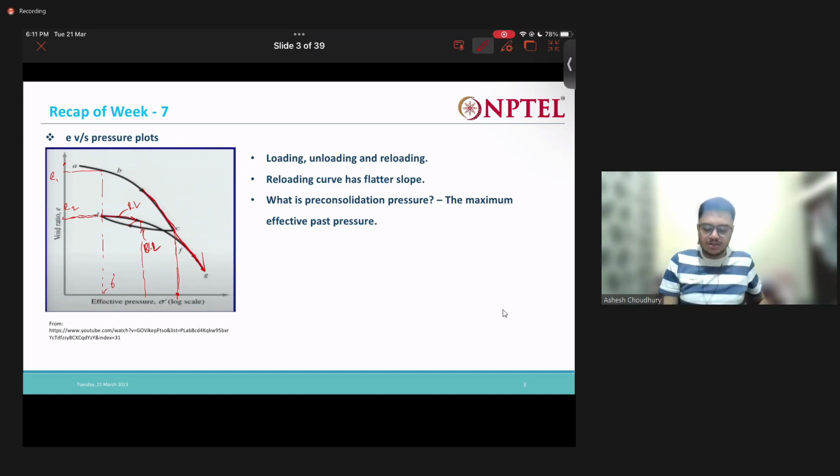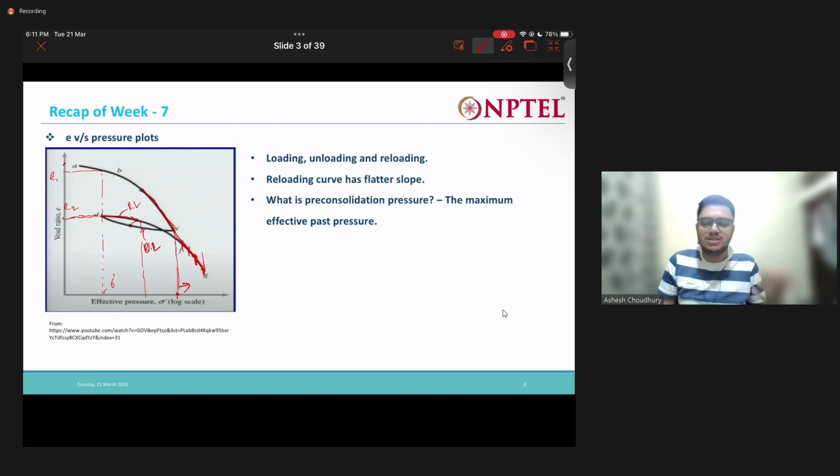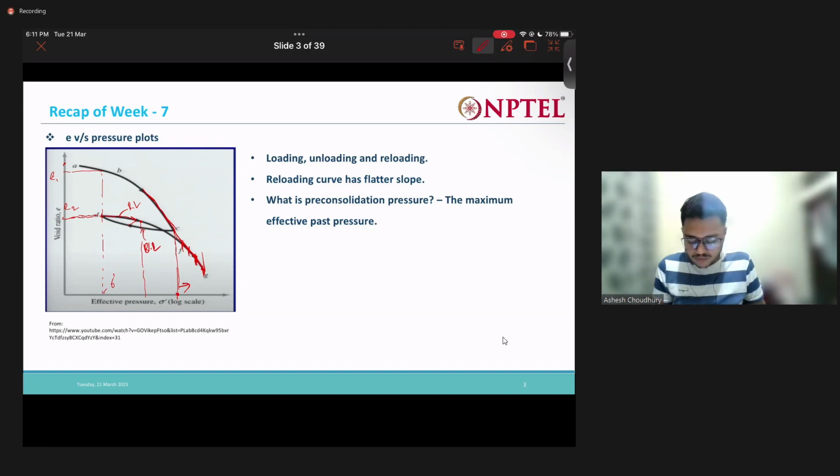So it means the slope is increasing, because as we cross this stress level, the stresses at these levels are the maximum stresses the soil has encountered in its history, right? So the slope will again keep on becoming steeper, right?